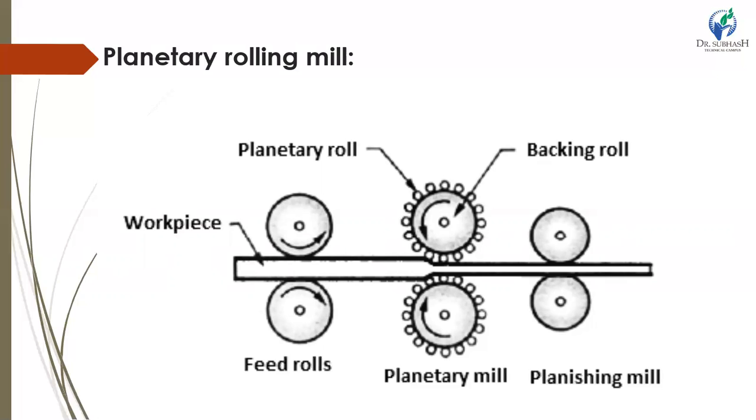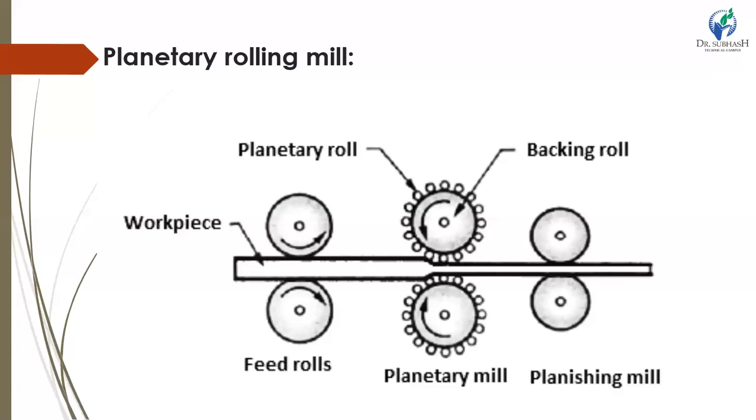The main feature of this mill is that it reduces a hot slab to a coiled strip in a single pass. Each pair of planetary rolls gives almost constant reduction to the slab.